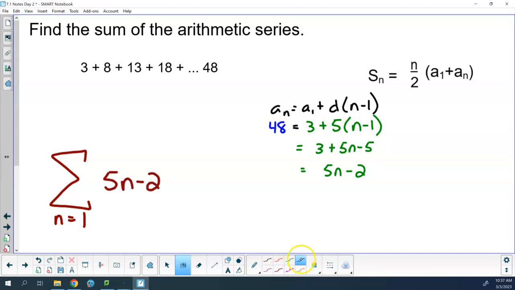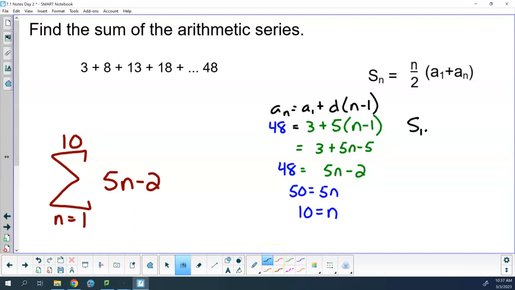Now I bring back in the blue. Add 2 to both sides. I get my total number of terms is 10. Agree with that for the sigma notation? Okay? Now then I can go to the sum.